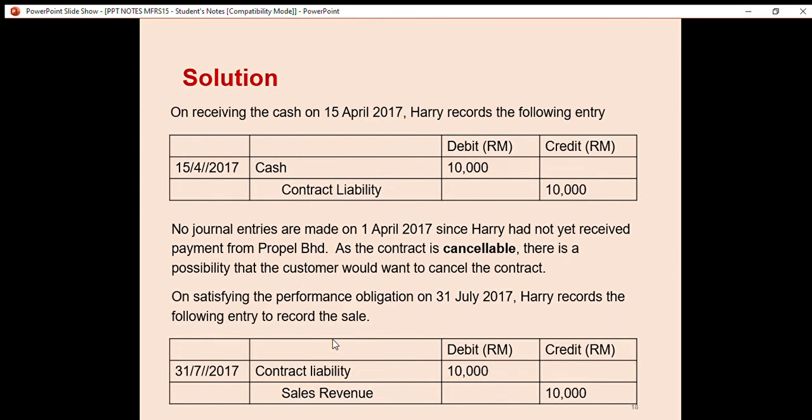Now there's no more liability on 31st July since the product has been delivered to the customer, so we debit the contract liability 10,000 and credit sales revenue 10,000. This is when the revenue is recognized by the seller, that is when the goods have been transferred to the customer on 31st July 2017.